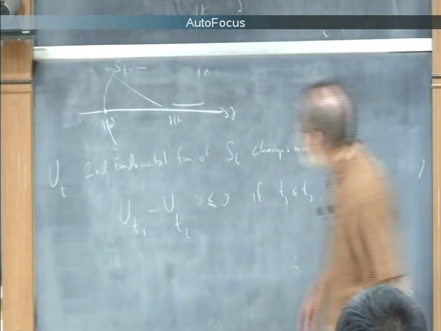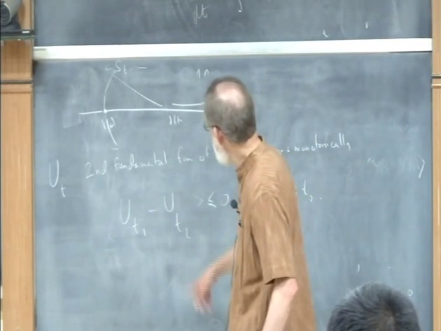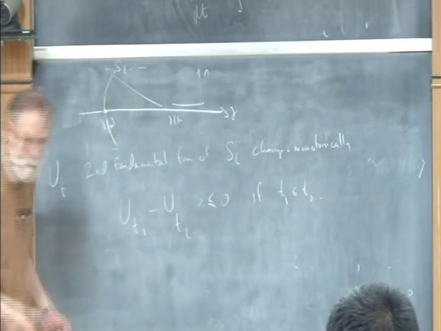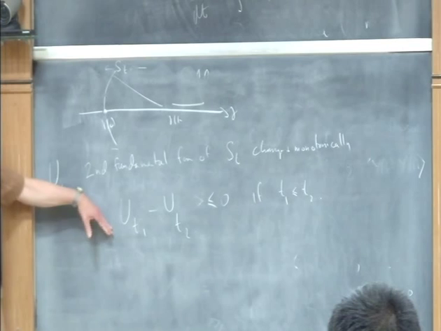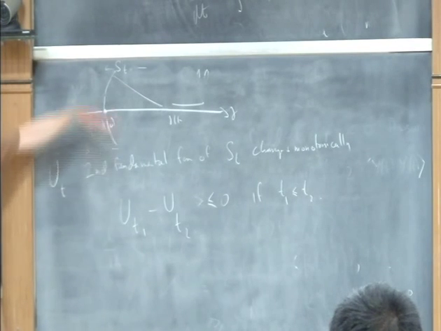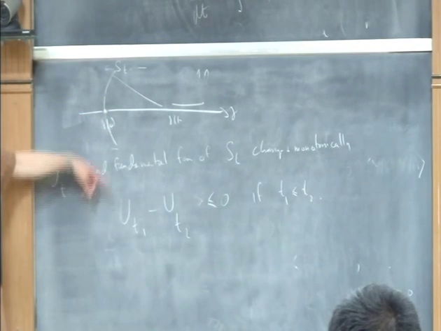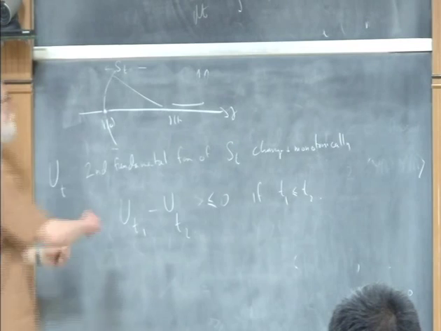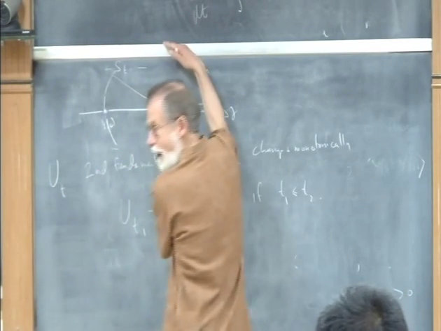This is correct if I interpret it so that U being positive definite means that the sphere bends this way.